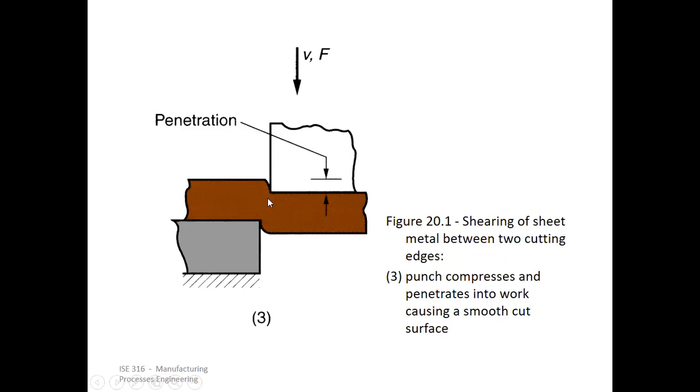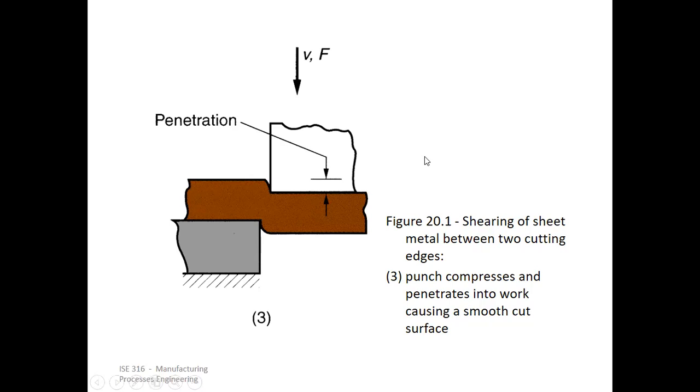Because that's where the punch is contacting it, or even could be here. But basically it compresses first, right? And so long as the material withstands that compressive force, it doesn't fail. But when it tries to give in more, the punch is allowed to penetrate the sheet.